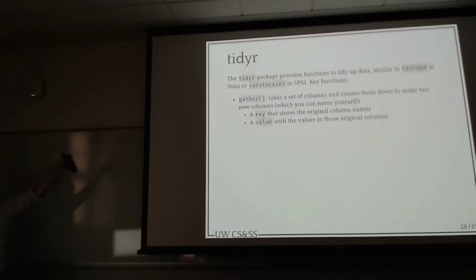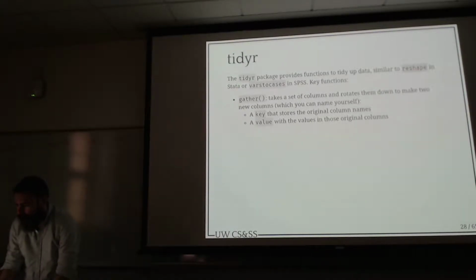So we've taken a ton of columns and rotated them down like this. Does that make sense? We're going to play with this a bunch. Okay. So the key is whatever week it was numerically up here in the column name. The value is whatever was actually in the set, just as a clarification.